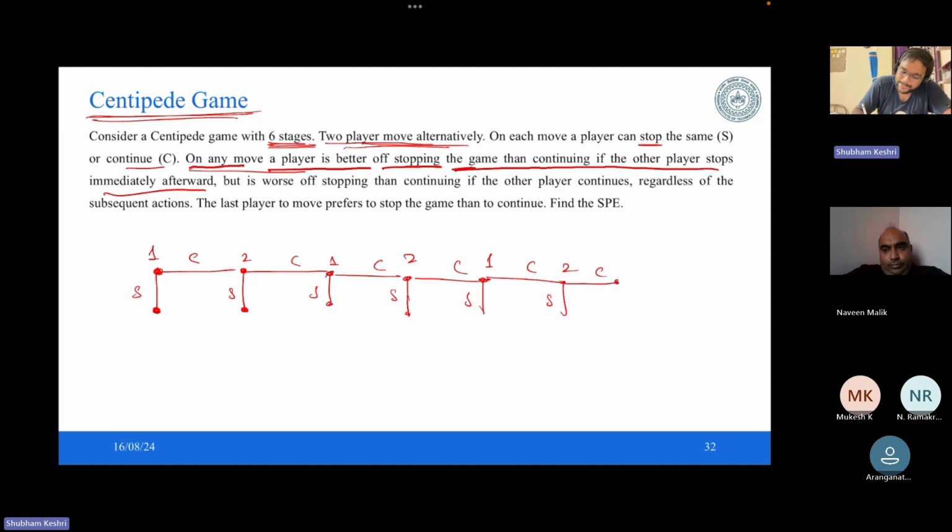The game is defined like this: whenever the other player is stopping in this stage, player 2 in this case will be better off stopping previously. But worse off if the other player continues. Suppose in this stage player 1 continues, then if he stops, the utility will be less than if he continues. So I'll write the utility for one example, then it will be more clear. You can just take 1 minute and read the question again.